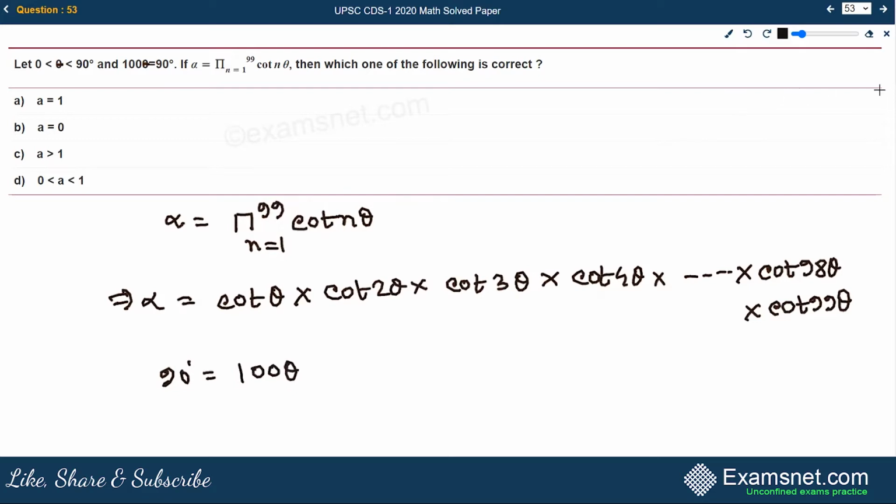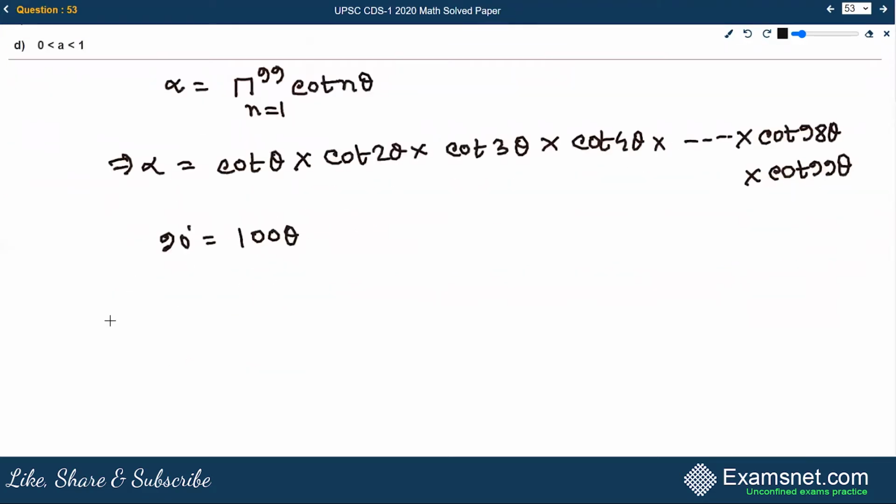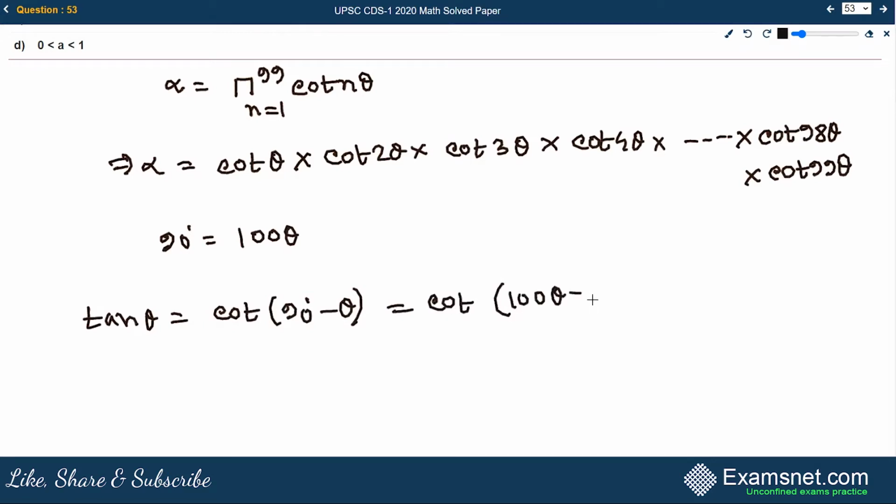Also it is given that 90 degree equals 100 theta. Now with the complementary angles formula, we know tan theta equals cot of 90 degree minus theta. Further I can write cot of 100 theta minus theta, in place of 90 I can write 100 theta. So it becomes cot 99 theta. So tan theta equals cot 99 theta.